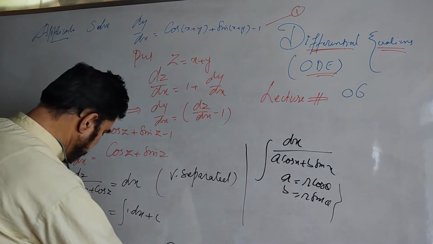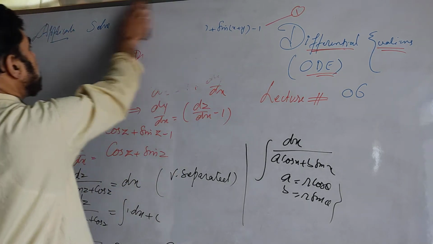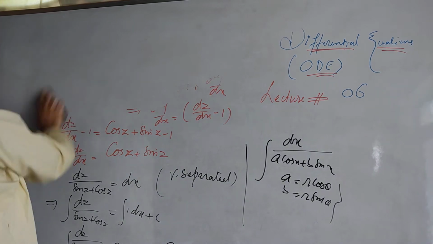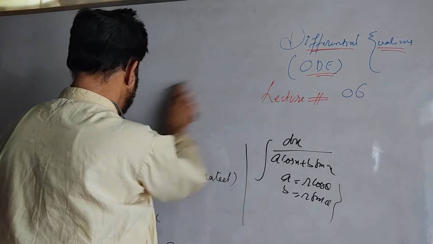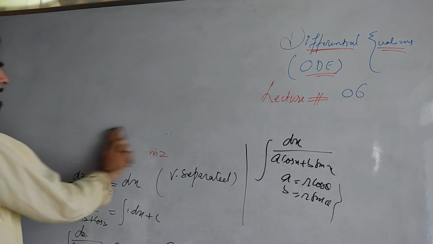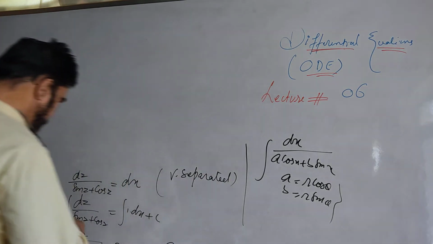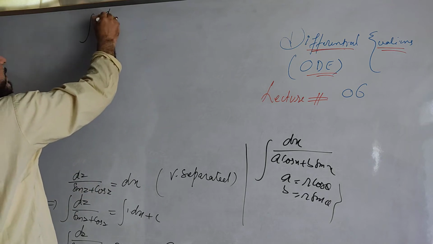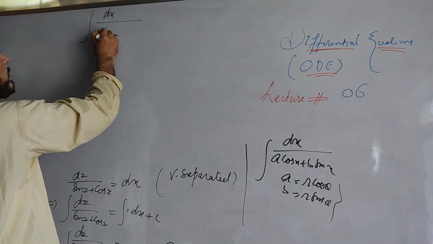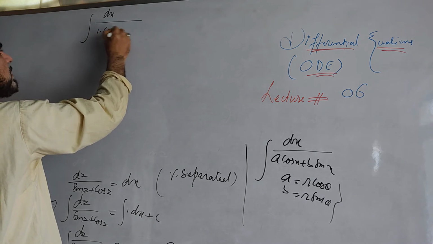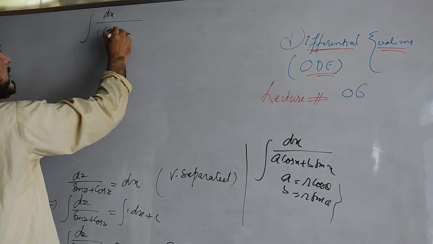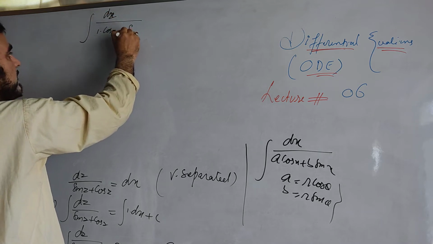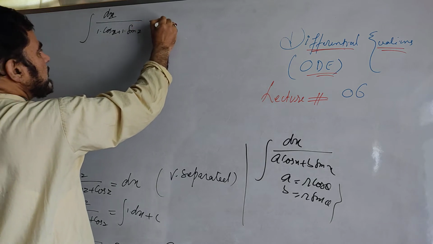Similarly, we are getting an integral here. You see how I solve this integral now. My integral is now the integral of dz by (1 cos z plus 1 sin z) is equal to x plus c.